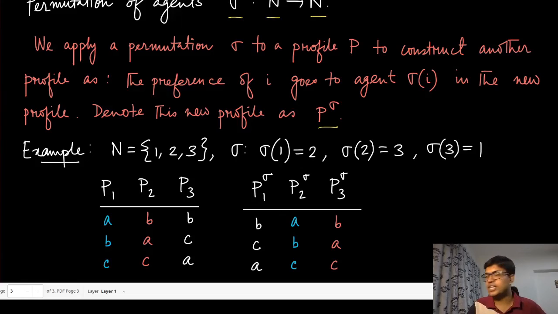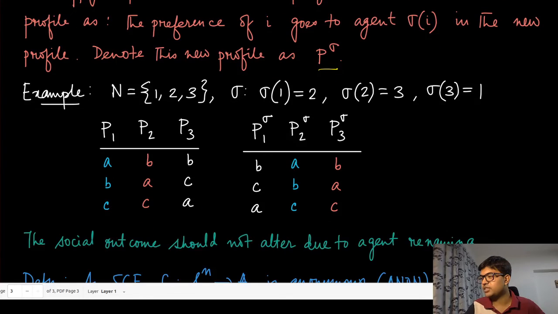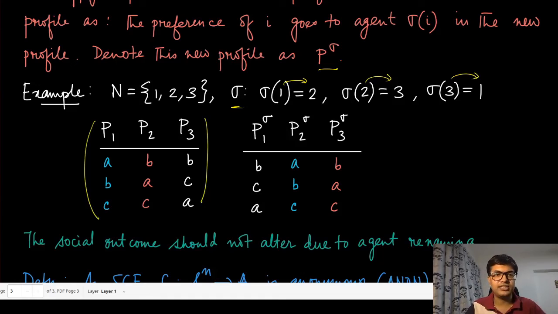So let us look at an example to understand what it means. Suppose we have 3 agents and sigma is the following. It maps 1 to 2, 2 to 3 and 3 to 1. So if you look at the original preference profile, now 1 has become 2.